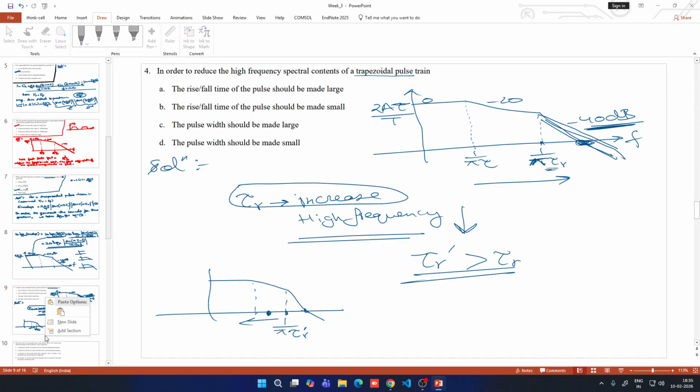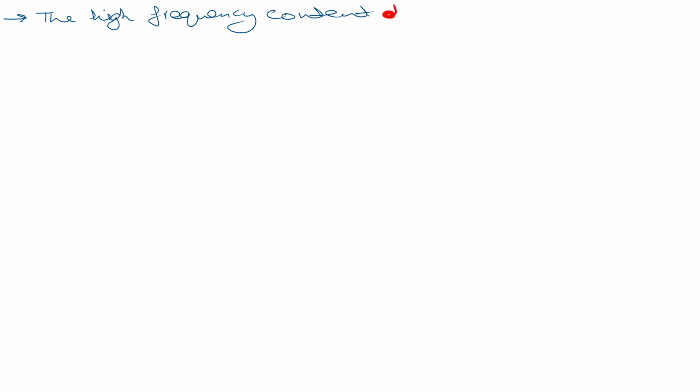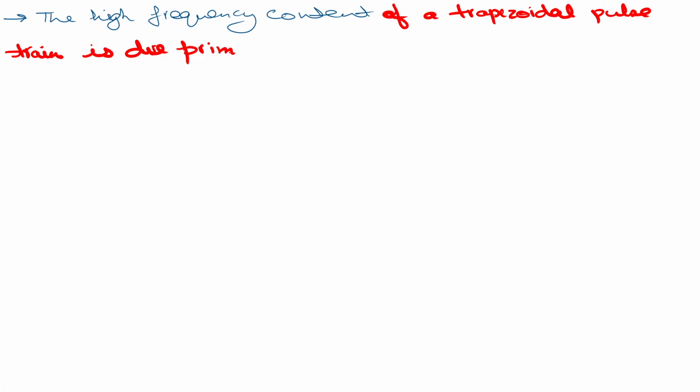So we can write this in words as: the high frequency content of a trapezoidal pulse train is due primarily to the rise or fall time.